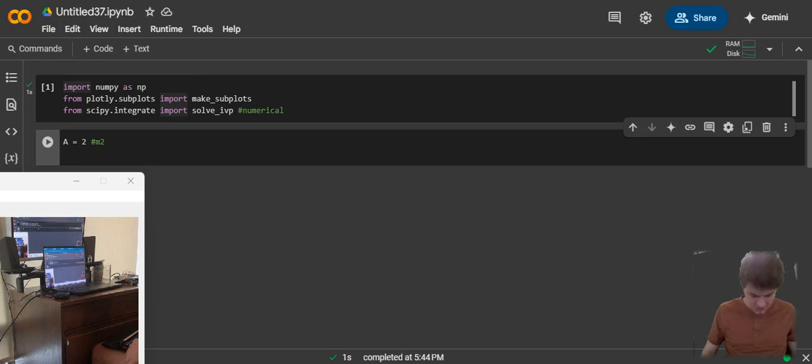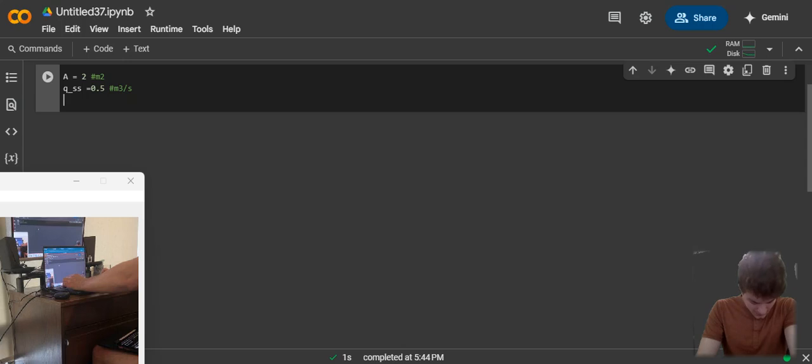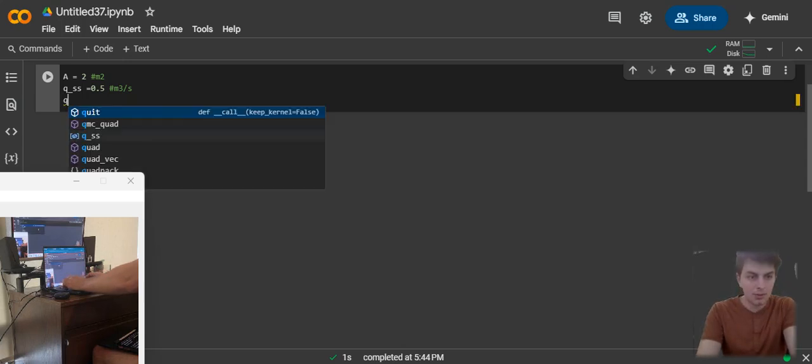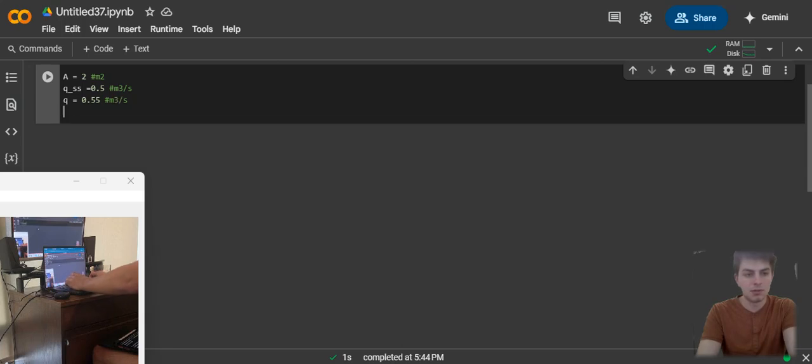Not exactly sure what that's trying to say. I know that we have a Q steady state of 0.5 meters cubed per second, and a new Q of 0.55 meters cubed per second.